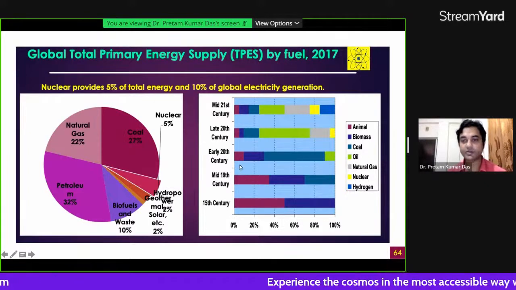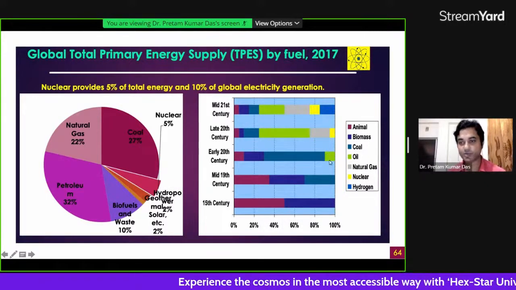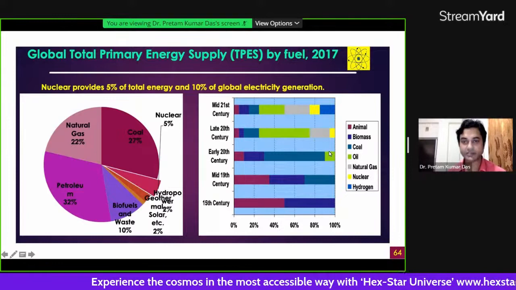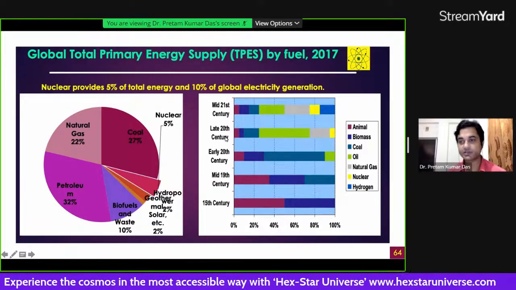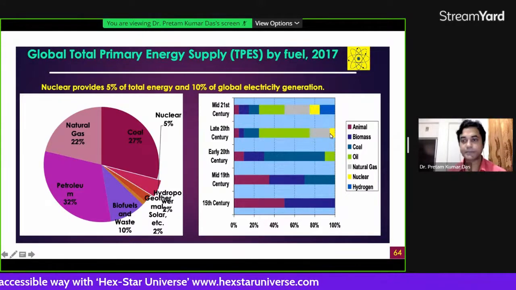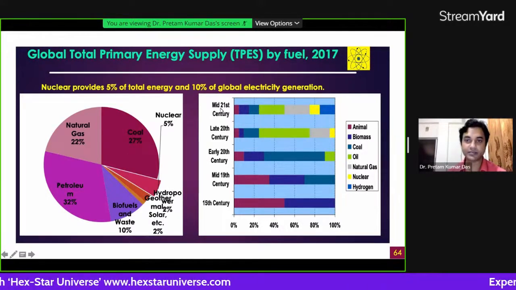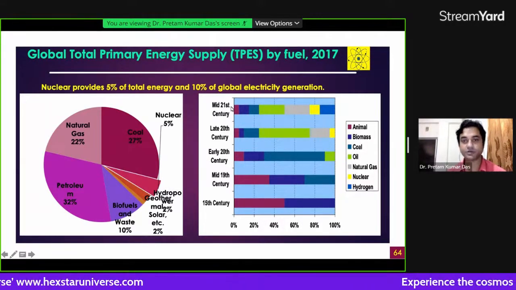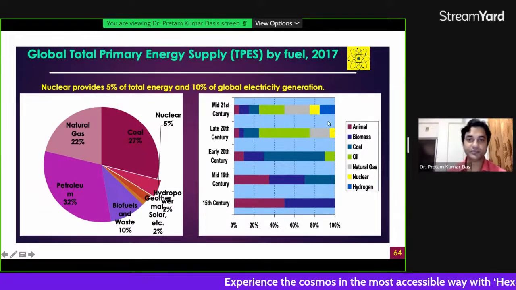In the early 20th century, we introduced oil. In the late 20th century, we introduced natural gas and nuclear. And in the mid 21st century, we will use hydrogen.